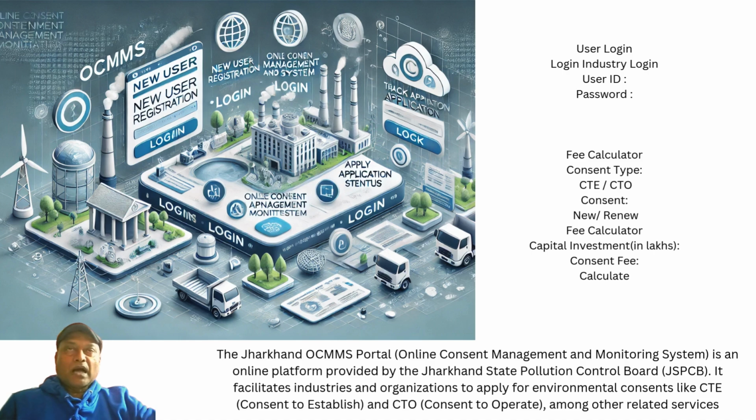After completing the form and attaching the documents, submit the application. Note the application reference number for future tracking. Now use the tracking feature on the portal to check the status of your application and respond promptly to any queries or requests for additional information.